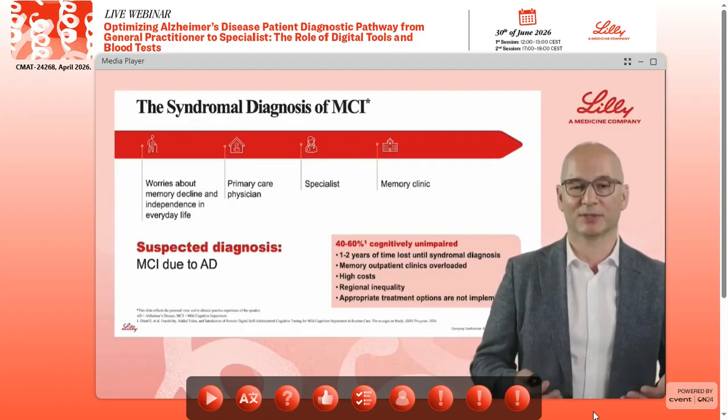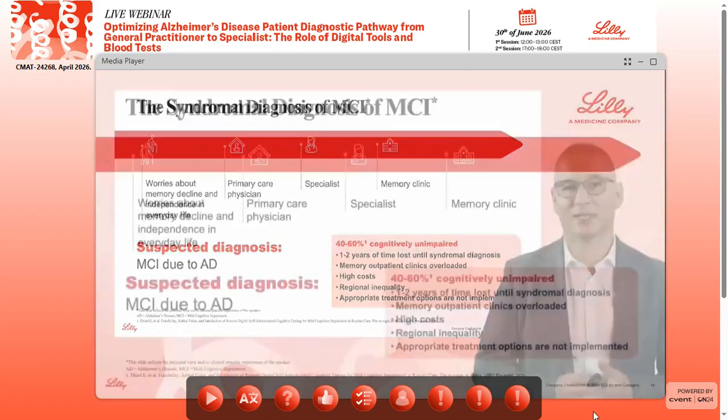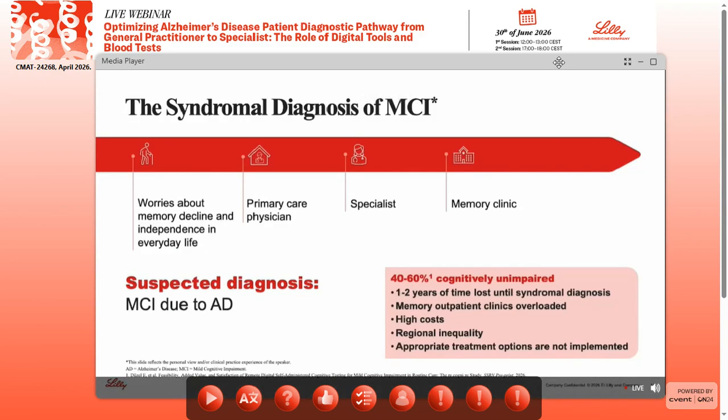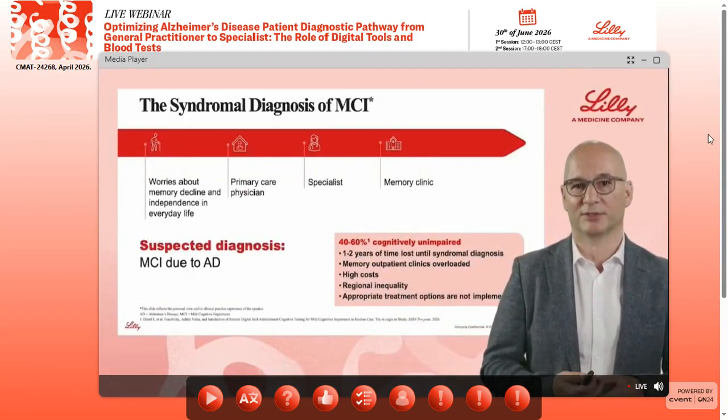And before a diagnosis is actually made, so we suspect MCI, in most cases 80% due to Alzheimer's disease, people can experience delays of 1 to 2 years until the diagnosis of MCI is confirmed. One reason is that the referral from primary care physicians to specialists to memory clinics often doesn't involve the proper cognitive and biomarker-based triaging.